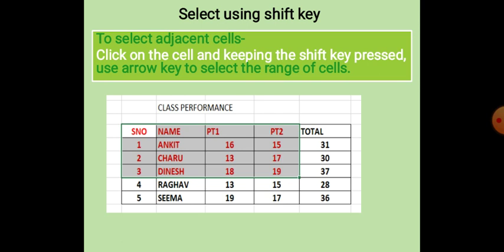This way we can select adjacent cells. In this example you will see serial numbers 1, 2, 3, names Ankit, Charu, Dinesh, PT1 16, 13, 18, PT2 15, 17, 19. These cells we have selected with the help of the shift key.